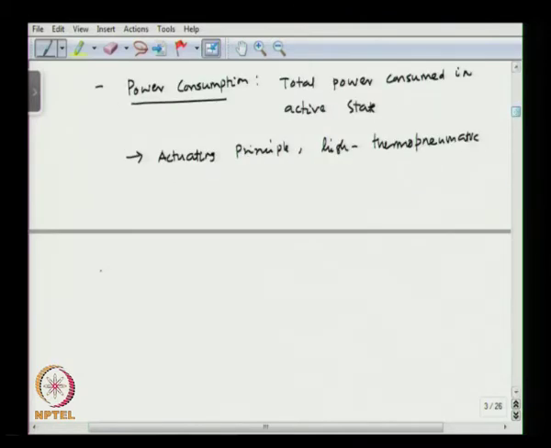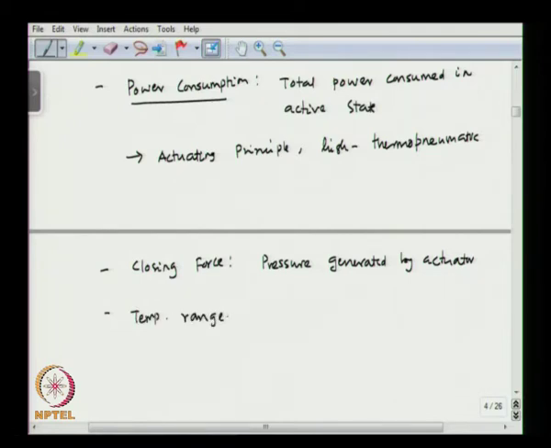The next parameter that we specify is the closing force. Closing force depends on the pressure generated by the actuator, and the next one is the temperature range, which will depend on the valve material and the actuation concept.